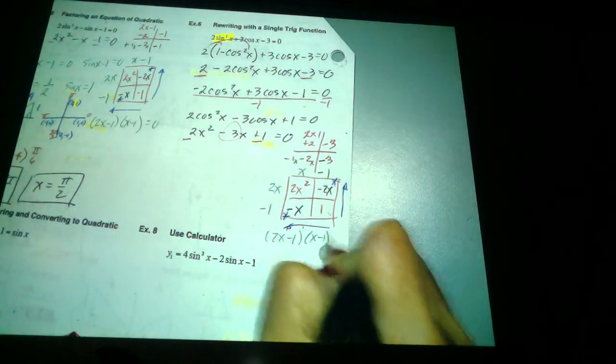Then our first row across, what do they have in common? 2x. And then this one here, a negative 1 because that box carries a sign. And so we have (2x minus 1)(x minus 1) equals 0. So we're going to replace our x with cosine of x and set each of those equal to 0.